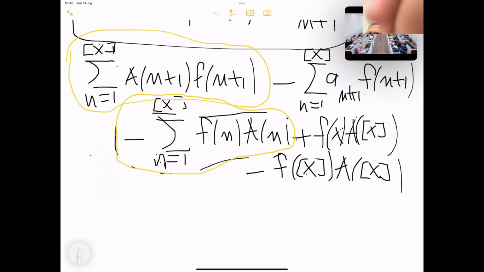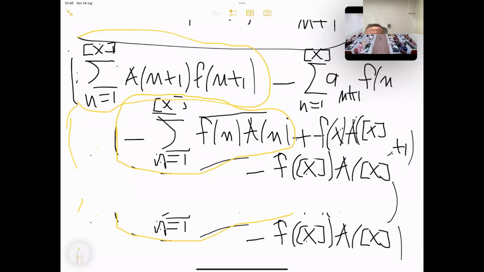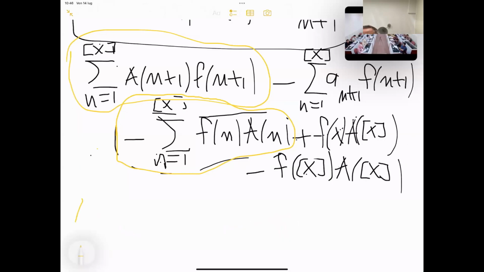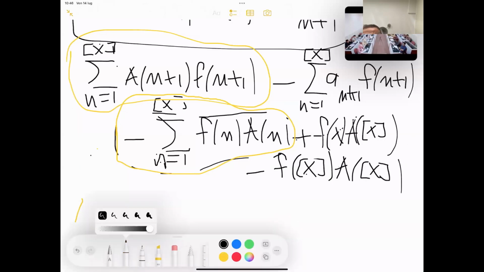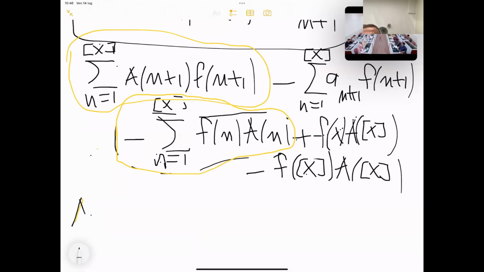So what will be left here will be A of the integer part of x plus 1, f of the integer part of x plus 1.